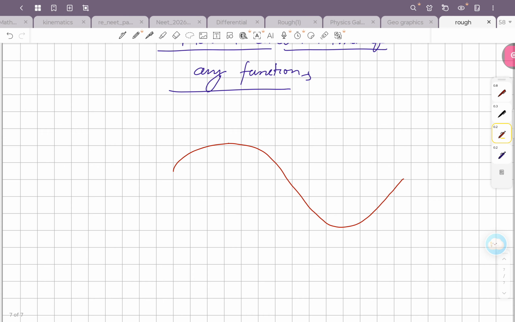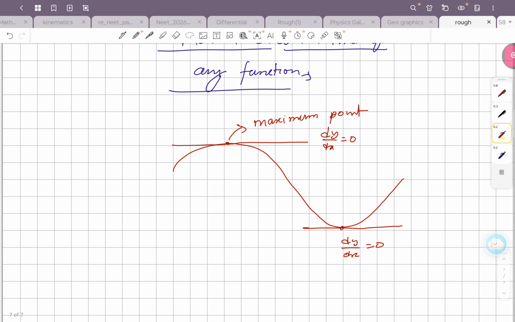At this point, if you draw the tangent, what happens? Its slope is 0. It means this is the maximum point, or you can say it is the maximum value. And here again the slope is 0 at this point, but you can see this is a lower point.